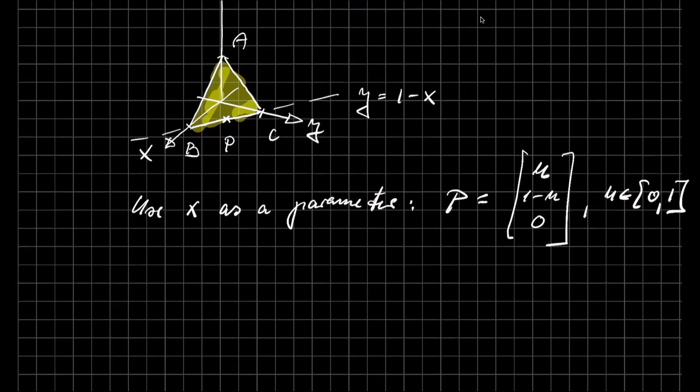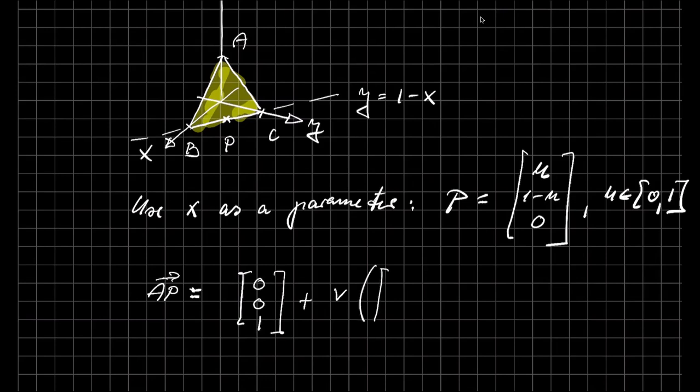Now, in order to get the triangle, we will use the line from A to P. I'm using this line here, and I say the point is equal to the initial point A, which is 0, 0, 1, plus a new parameter v times the vector AP.